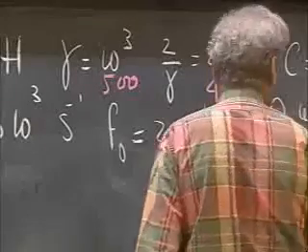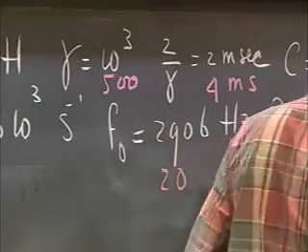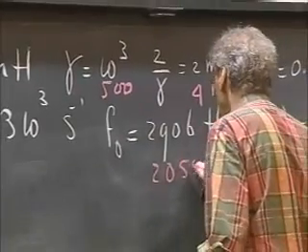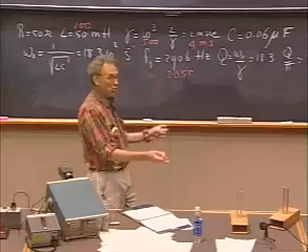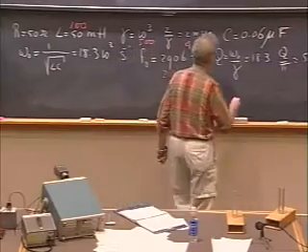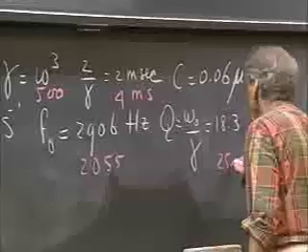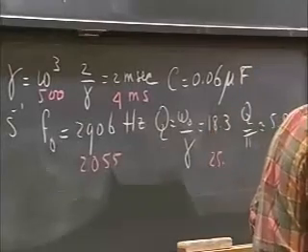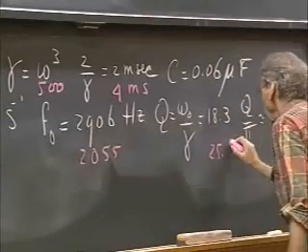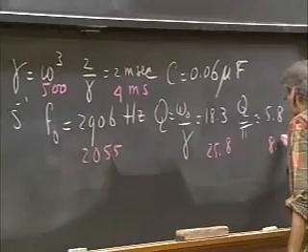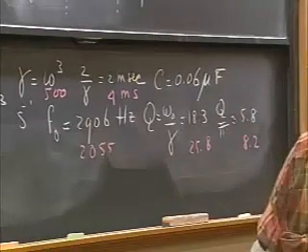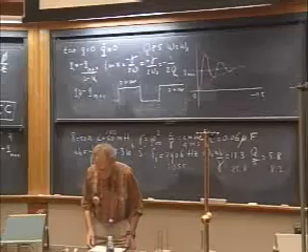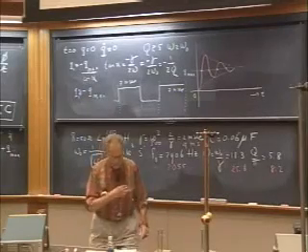That becomes 2055. And now the Q also changes. The Q goes up by a factor square root of 2, becomes 25.8. And now you have to wait about 8.2 oscillations for the amplitude to go down by a factor of E. And that's what I want to show you now.